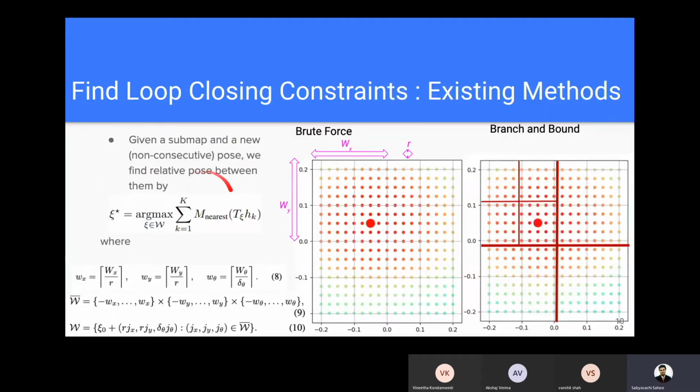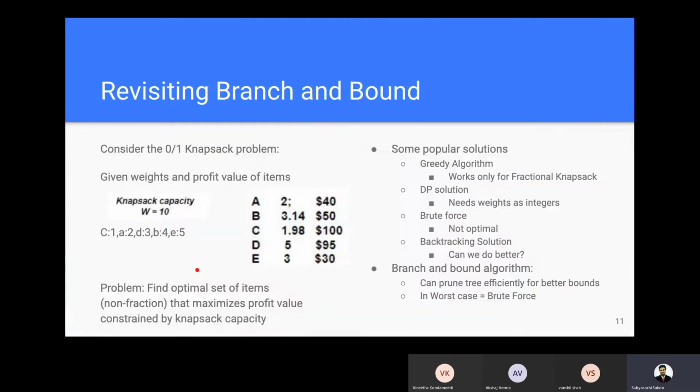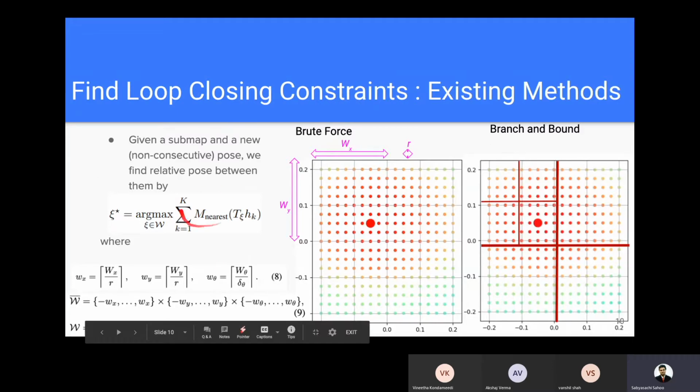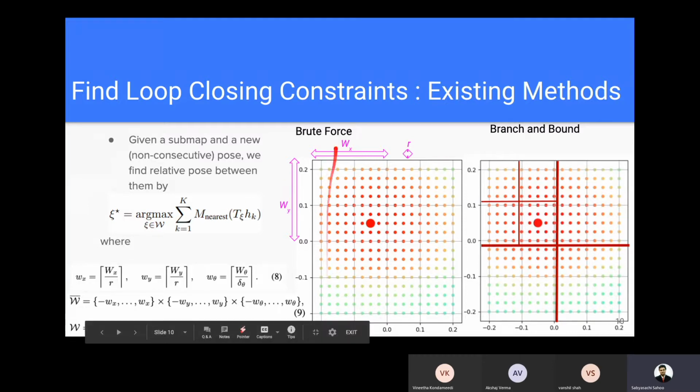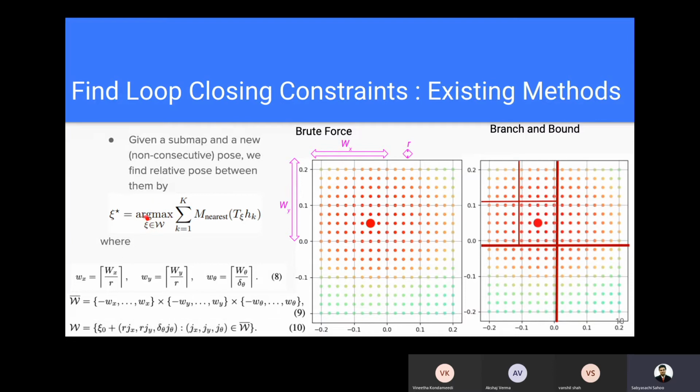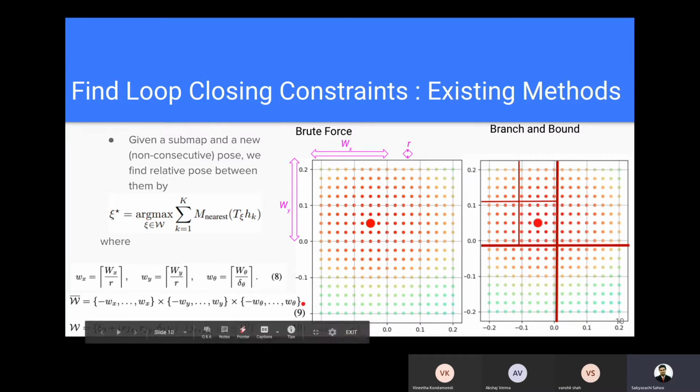So that equation becomes this, where we wanted the argmax over epsilon. Now, since we are just going to search in a search window, we say argmax such that epsilon is one of the points in this search window grid.